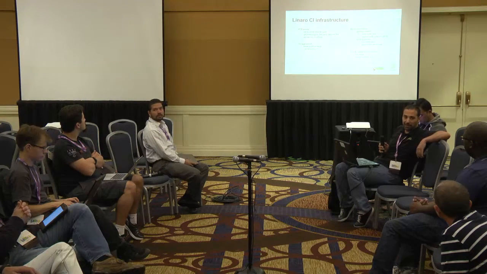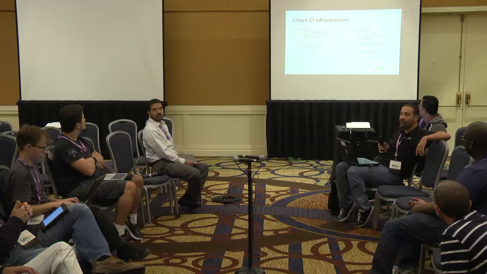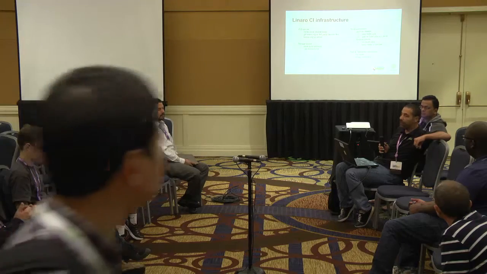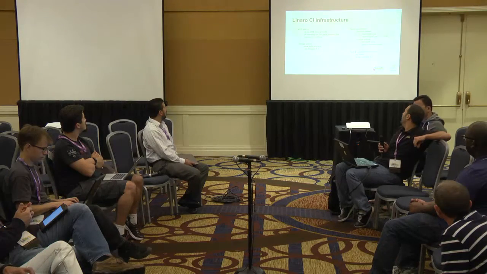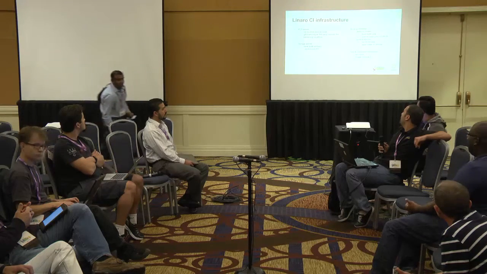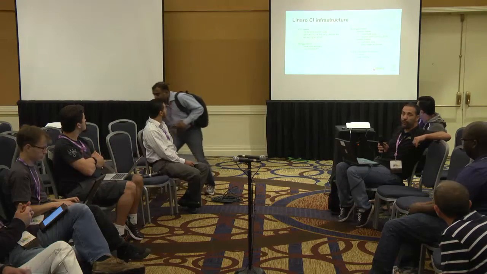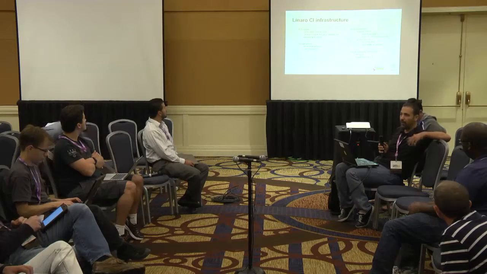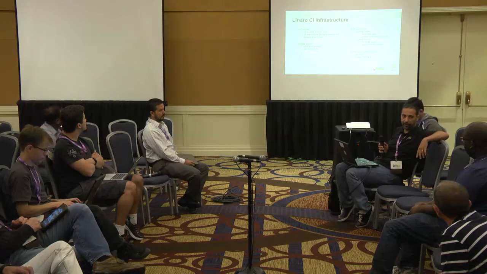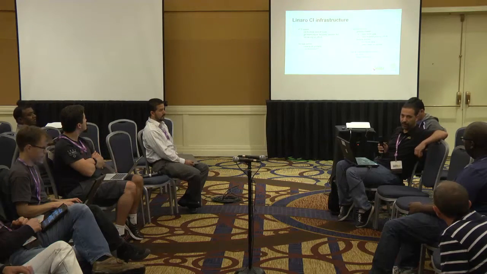So I guess many of you are already familiar with Lava, the test and validation automation tool that we are using. And we have also multiple slaves. So the slaves are used to run build job. So I'm saying build job, but it can be anything. Obviously, it's pretty flexible. It can be just running tests.